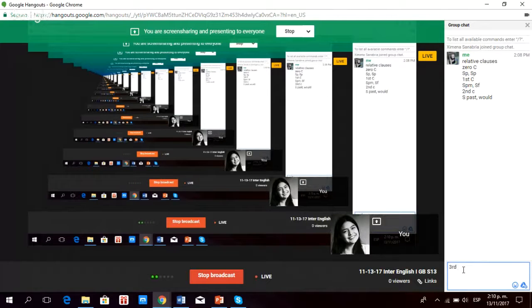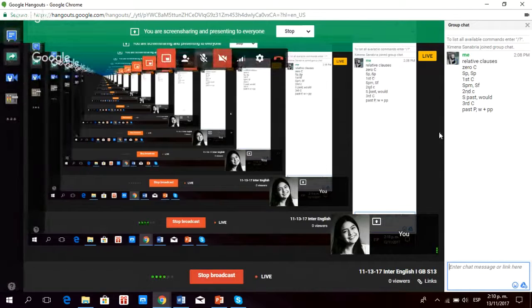And third conditional is past perfect and would plus present perfect. Past perfect, and the other clause will be with would and present perfect.